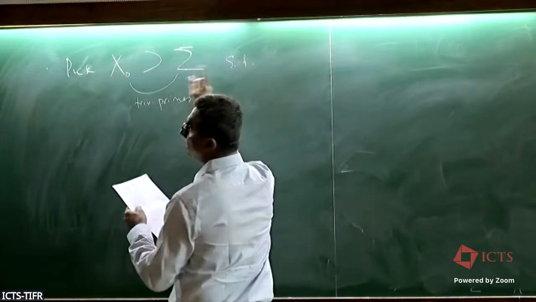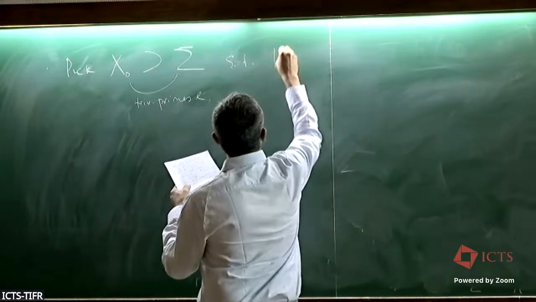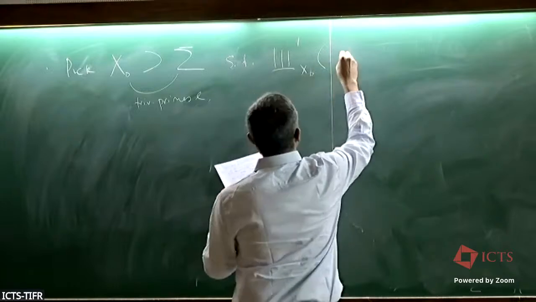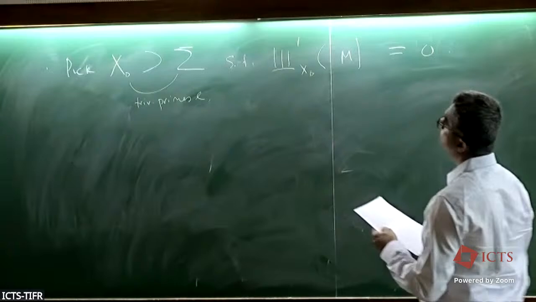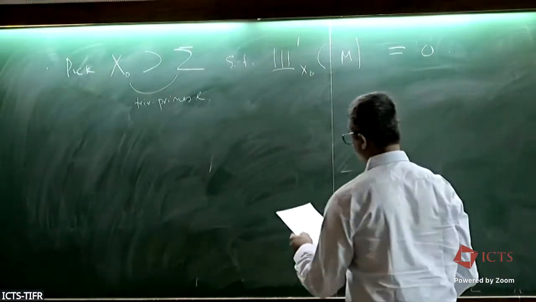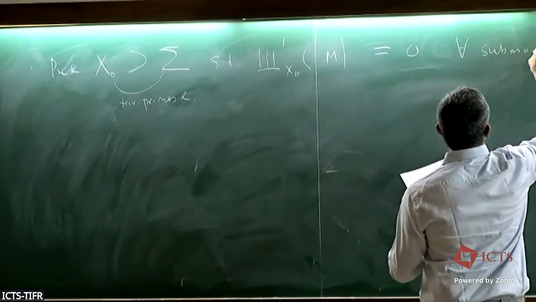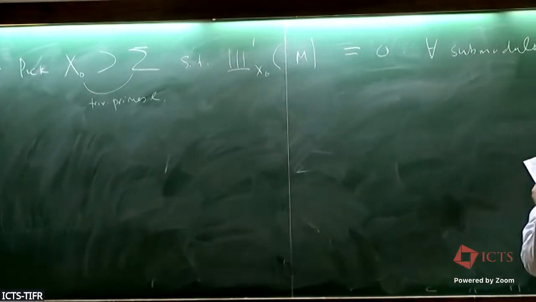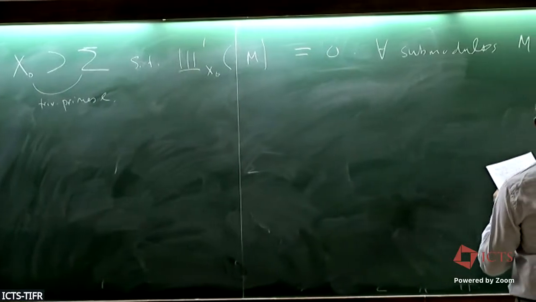All the enhancing primes, I think, are trivial primes, so some technical point, very useful in the arguments, such that the first stage Sha^1 of M, for all submodules M sitting in ad^0 rho bar and ad^0 rho bar dual, is zero.